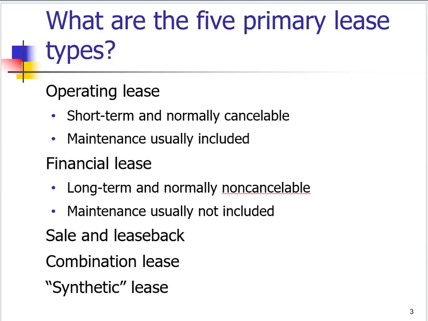And of course, we have combination leases that can make these a little bit more creative, if you will. A synthetic lease is something that looks like a lease. Maybe it's not exactly a lease.